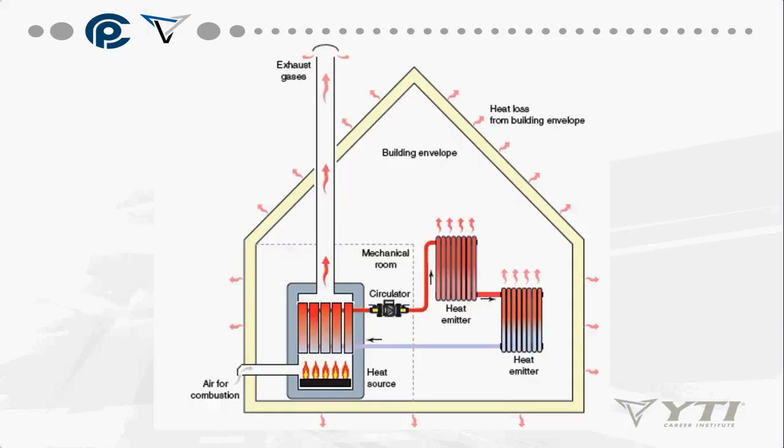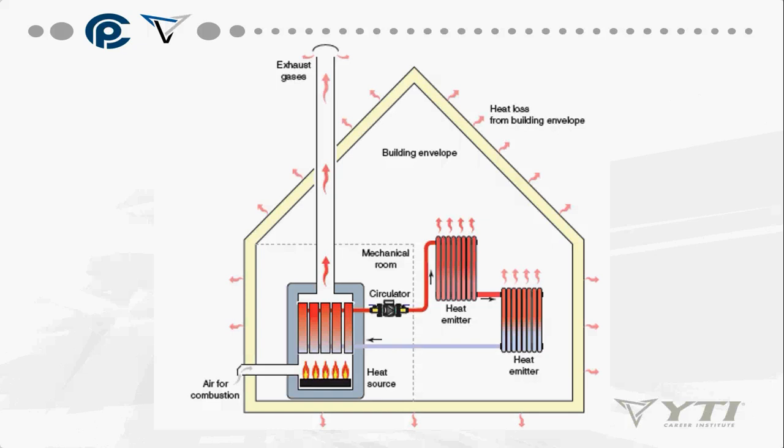Okay, so heat transfer in a building can happen through all of these areas, guys. It's going to happen through our heat emitters because we are releasing that warm water into the colder room. But we are also going to lose some of that heat simply through the building envelope.